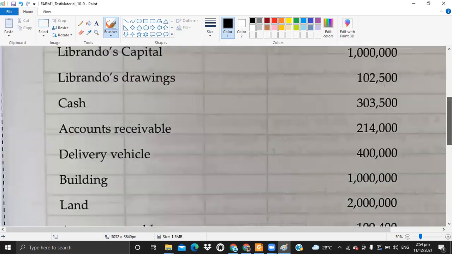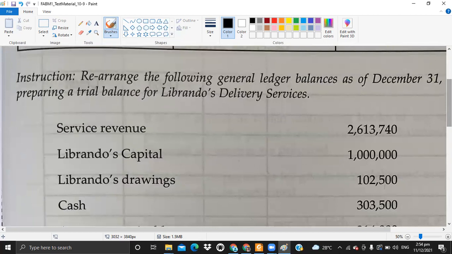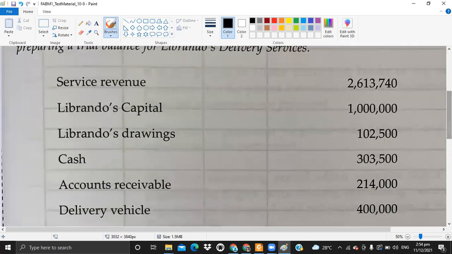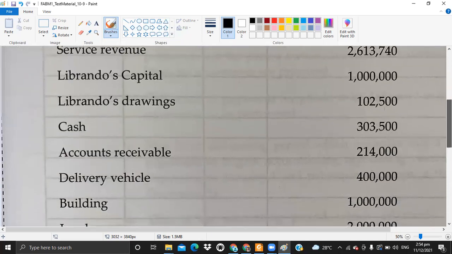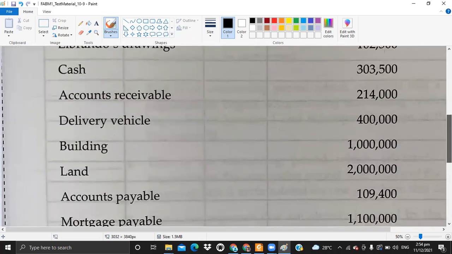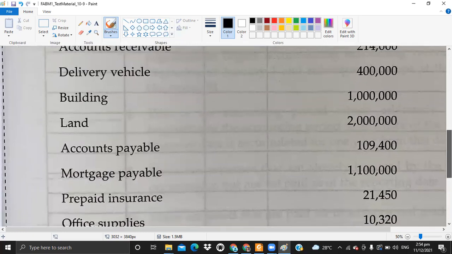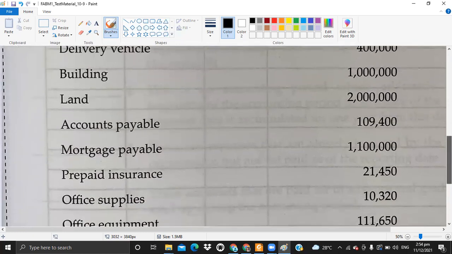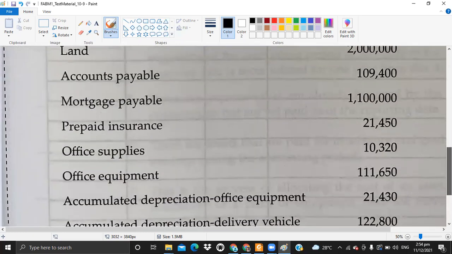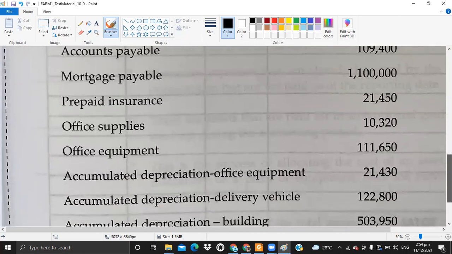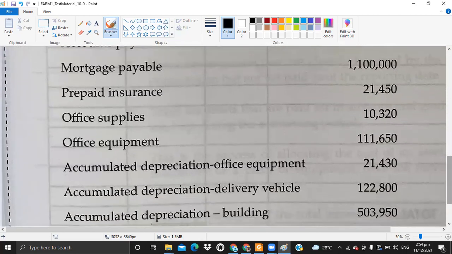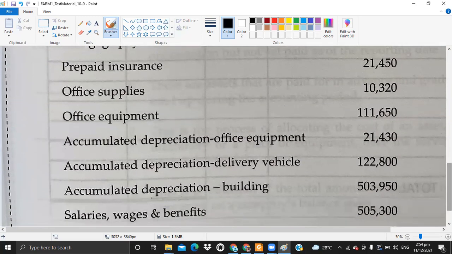We should already be familiar with where these belong: service revenue, Librando's capital, drawings, cash, accounts receivable, delivery vehicle, building, land, accounts payable, mortgage payable, prepaid insurance, office supply, office equipment, accumulated depreciation. We all know that accumulated depreciation is a contra account of our long-term assets.